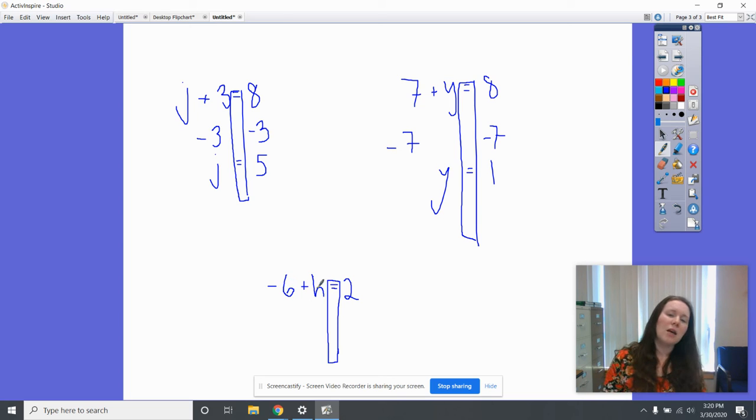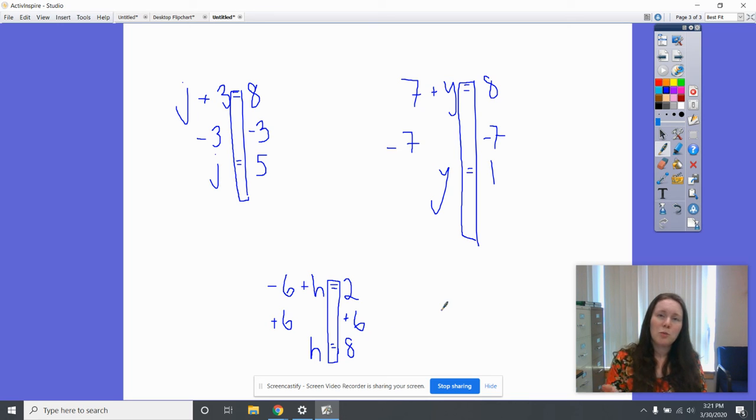I can't do minus 6 on both sides. But I could do the opposite of a negative 6, because really that's what we're always doing, the opposite operation. So the opposite of a negative 6 is a plus 6. I'm going to do plus 6 on both sides. So negative 6 plus 6 is 0, so it's gone, and the only thing left is h equals 8.